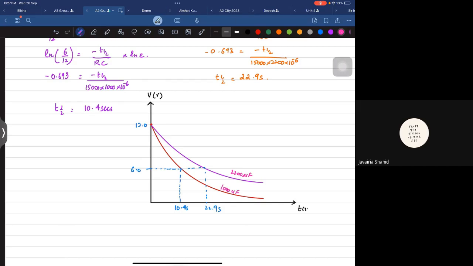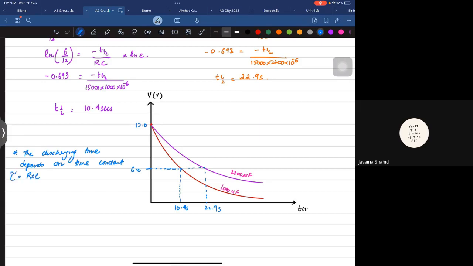So in comparison, the conclusion of this is that the discharging time depends on the time constant, which is equal to the factor RC, right?